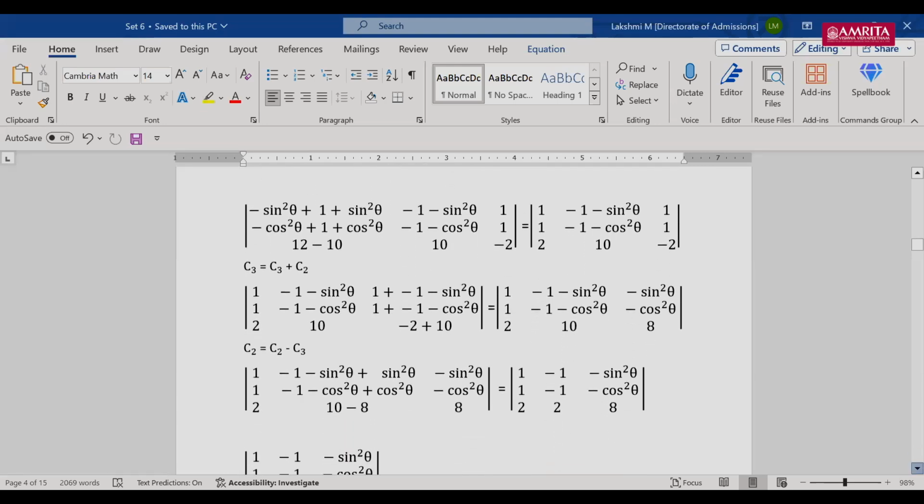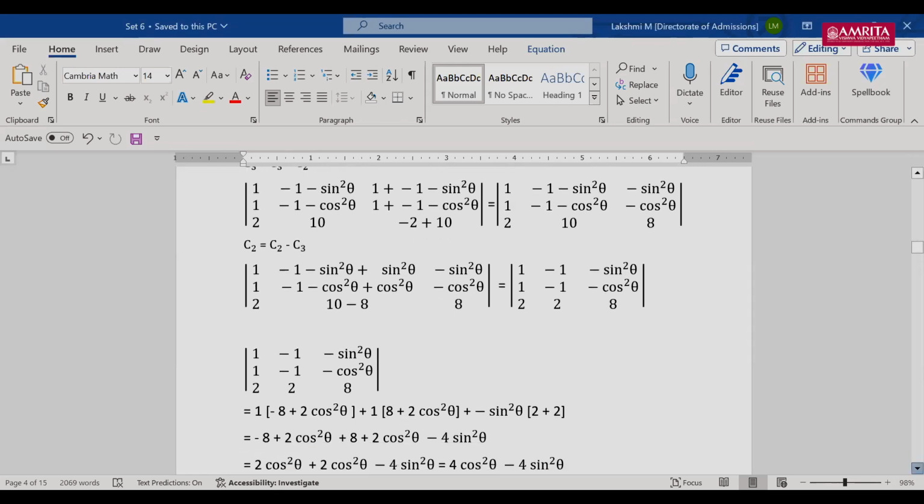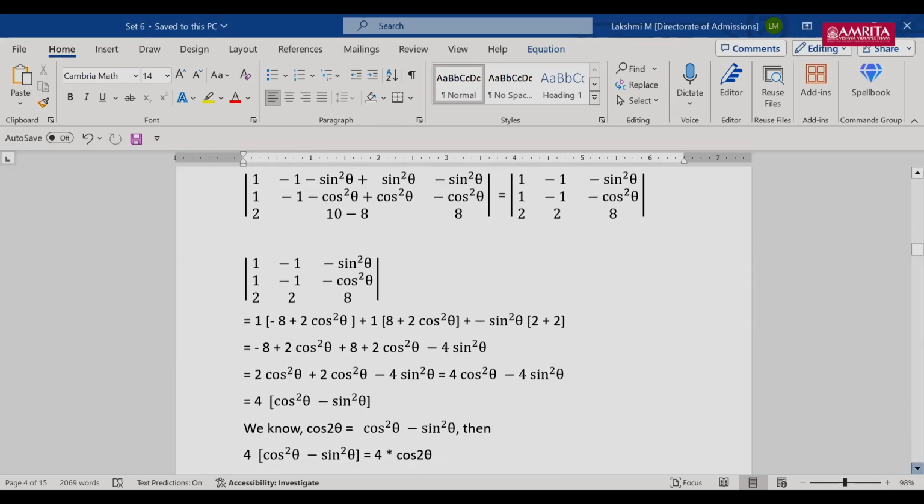So after this replacement, you have simplified it such that it's very easy for you to solve, right? You could just find the determinant and solve it. Whenever you encounter these types of questions, this is how you should work: any column operation or row operation that can help you simplify the terms so that it's easy for the calculation.